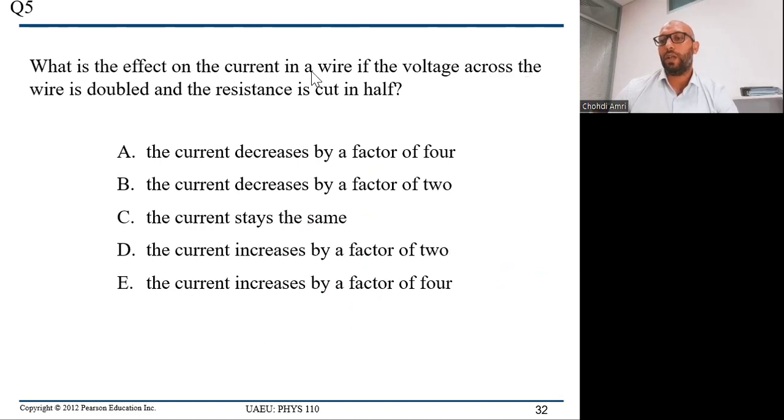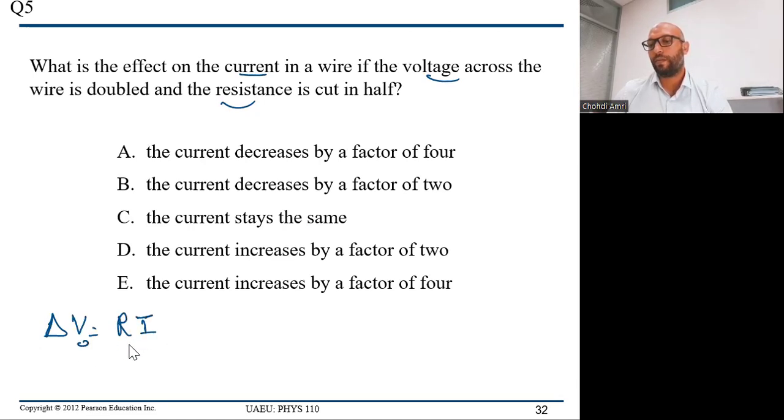What is the effect on the current in the wire if the voltage across the wire is doubled and the resistance is cut in half? Here we are talking about current, potential difference, and resistance, so we don't have anything else than Ohm's law. What happened to the current?